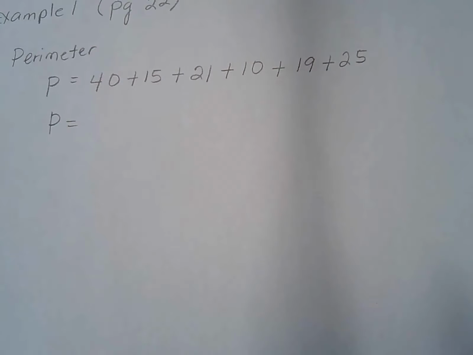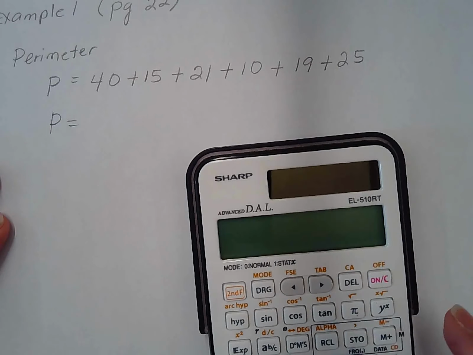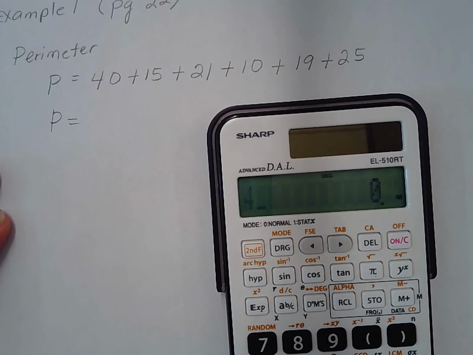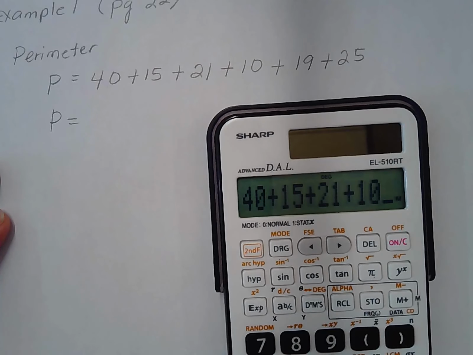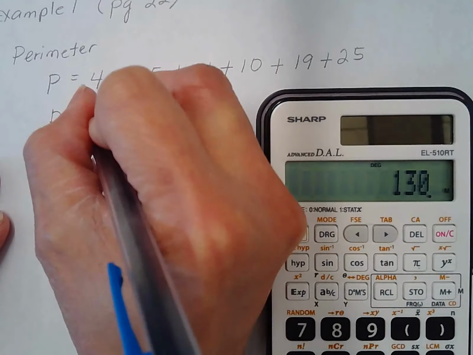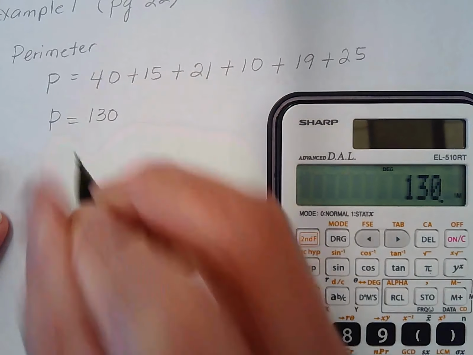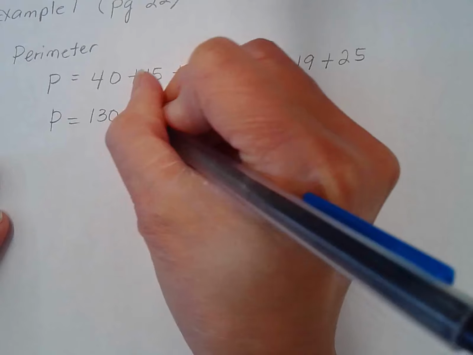So perimeter is whatever that is. The perimeter that I got is 130. So 130, and this is all in feet. 130 feet.